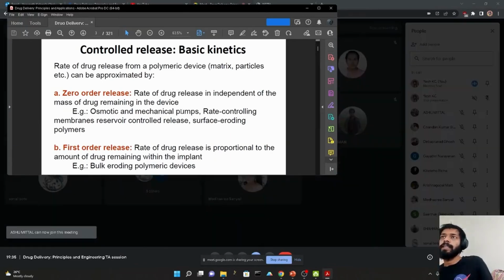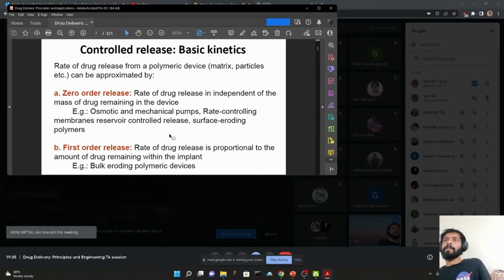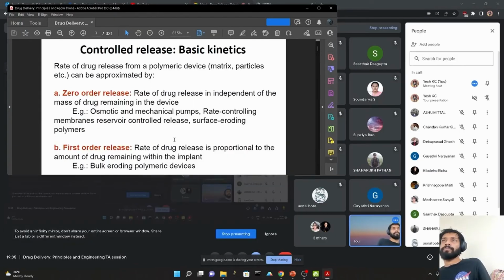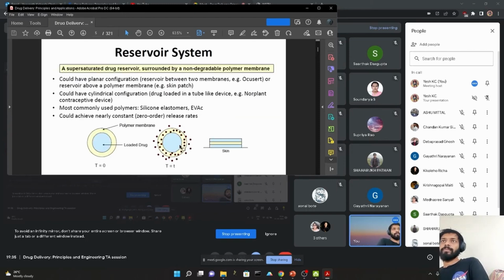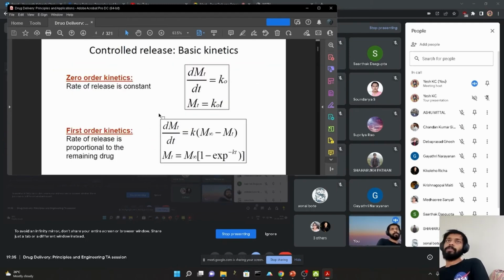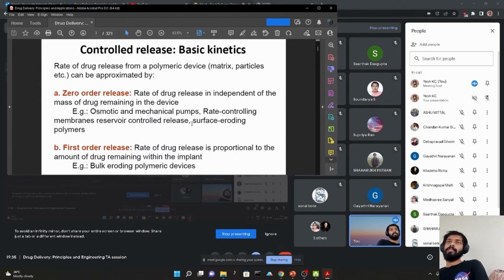You're referring to this, right? Yes, sir. Yeah, so same thing. Zero order release can be achieved using surface eroding polymers.